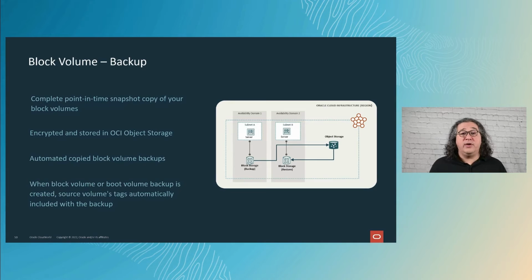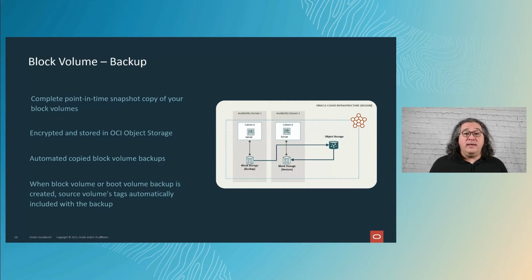They can be restored as a new volume to any availability domain in the same region. This can be done either immediately after a backup or later if you choose. This capability provides you with a spare copy of a volume and gives you the ability to successfully complete disaster recovery within the same region.